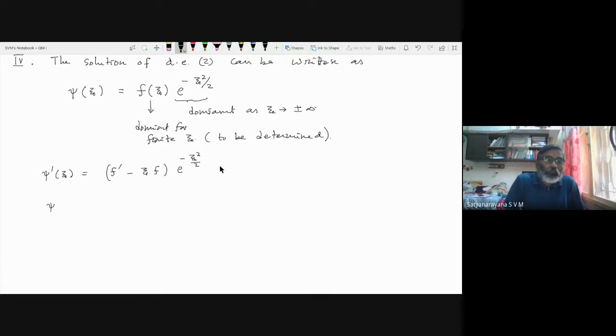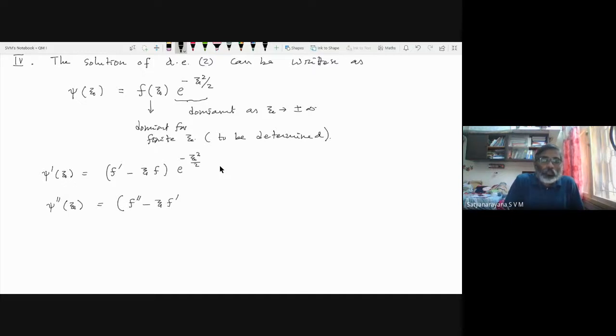Then we ask what is psi double prime of psi. So that is equal to f double prime minus psi f prime. That is by differentiating this one.